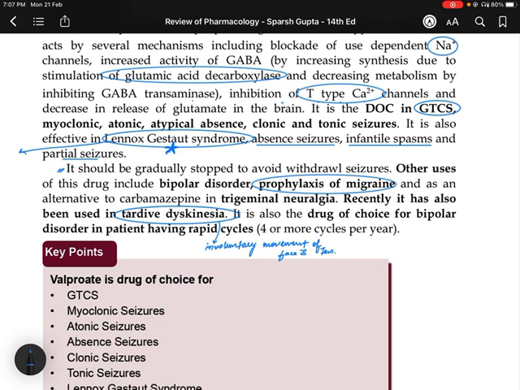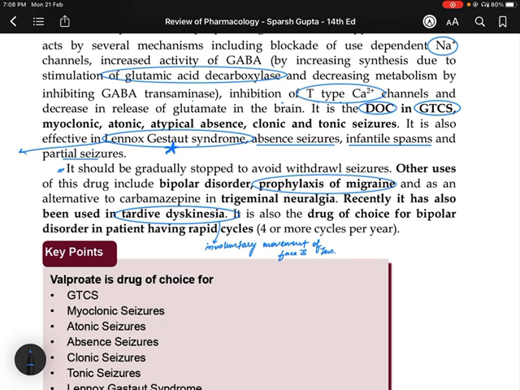So since T-type calcium channel is inhibited, there is a decrease in release of the glutamate in the brain, and it is the DOC, drug of choice, in GTCS and myoclonic seizures.